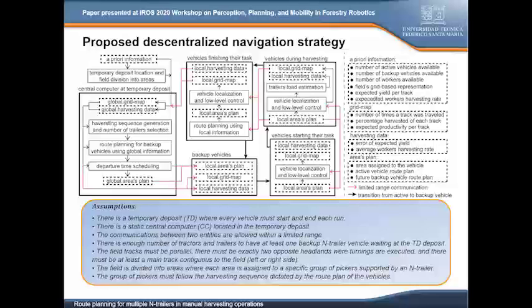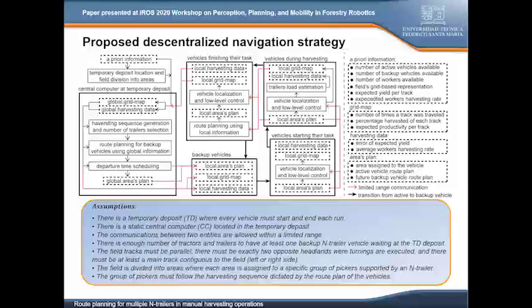Apart from the route planning, the proposed cooperative navigation strategy is complemented with a field division into harvesting areas, an optimal temporary deposit location, and a harvesting sequence generator which optimizes the use of the machinery by selecting the proper number of trailers to use.